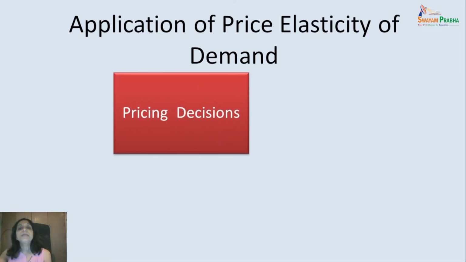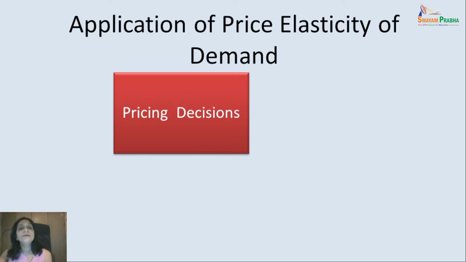The first application takes place when the businessman wants to fix the price of the product. That is, in the pricing decision, price elasticity of demand helps him to fix the price of the product.